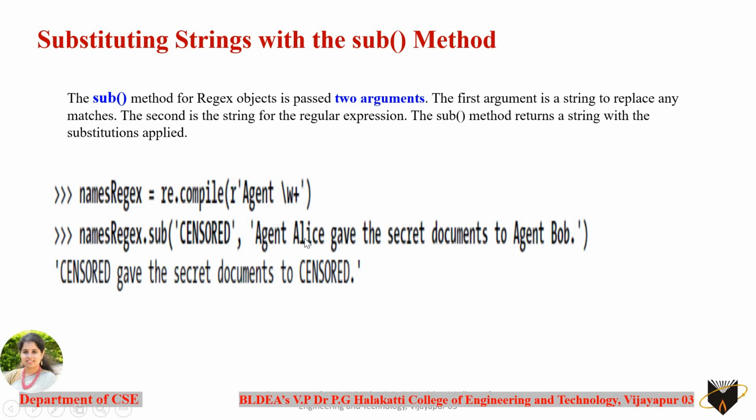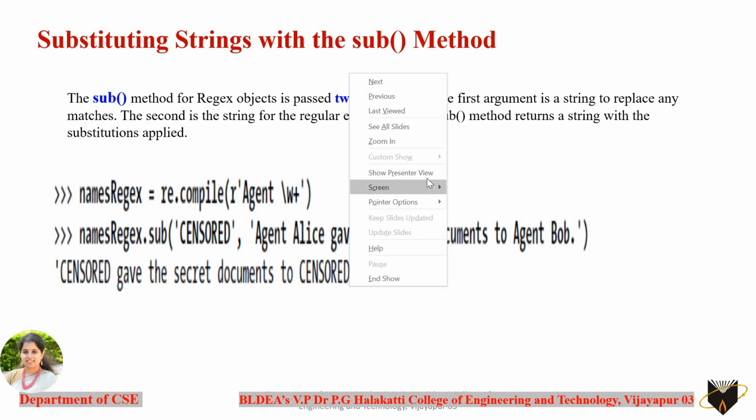So this agent Alice is going to match this pattern, and agent Alice needs to be replaced with this value. Similarly, it will keep searching until the end of the string for other matching parts. Agent Bob is also going to be matched, which can be replaced with censored. So censored gave the secret documents to the censored.